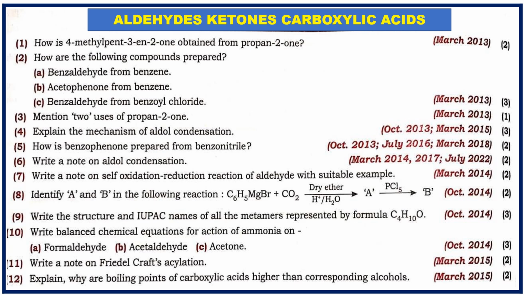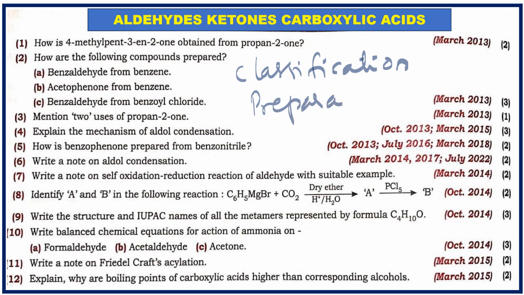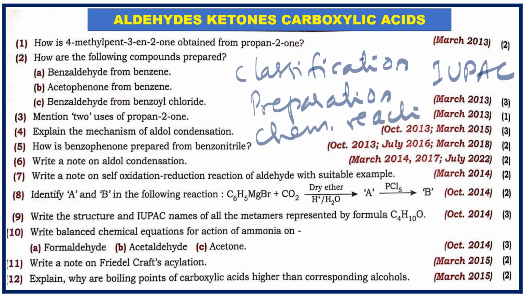Students, in this chapter you have to give more importance to classification of aldehydes, ketones and acids. Secondly, preparation, before that IUPAC nomenclature, then chemical reactions, finally uses. So how are ketones classified?